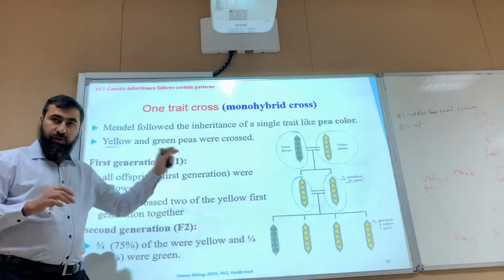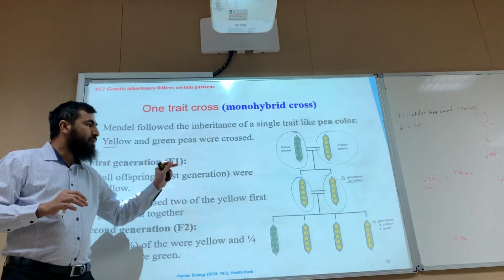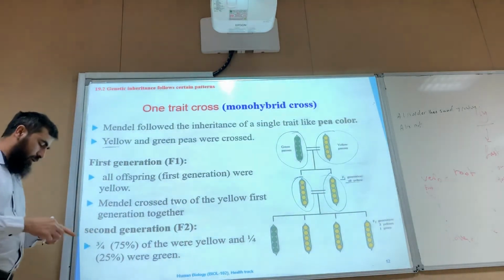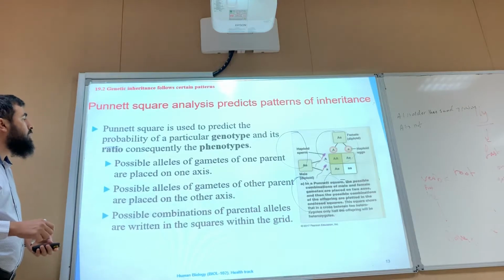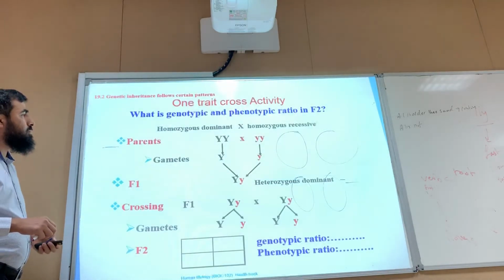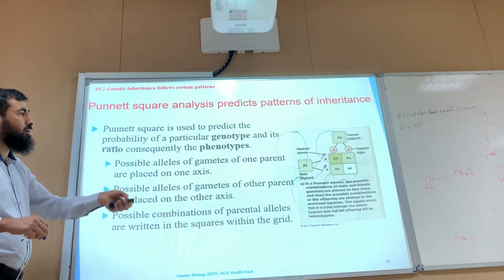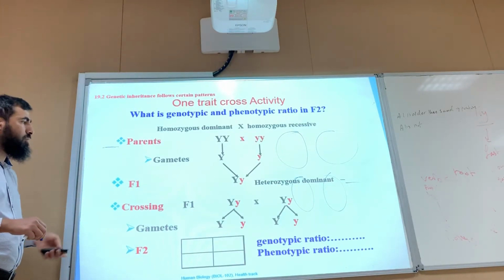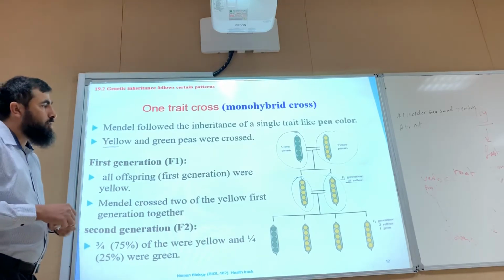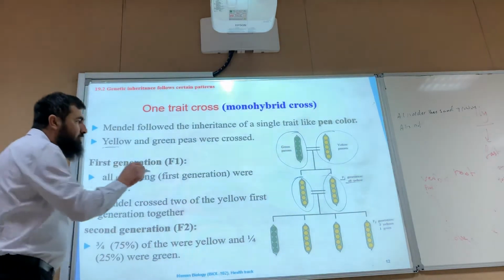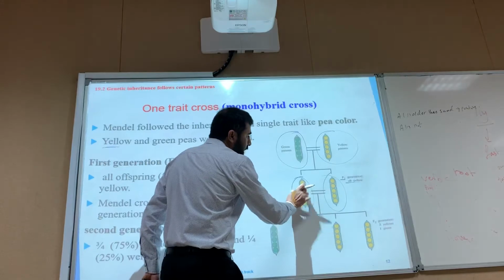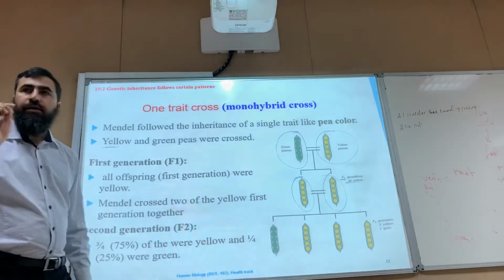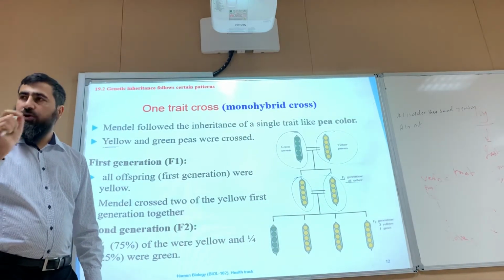This is the experiment he did here, we'll look at it. So the F1, all of them were yellow. That means that the yellow phenotype is dominant over green.